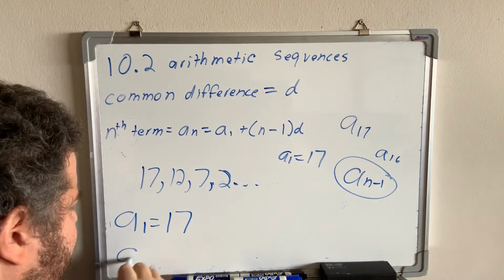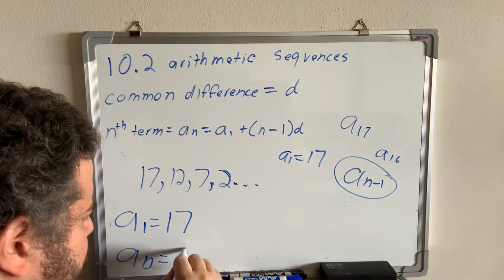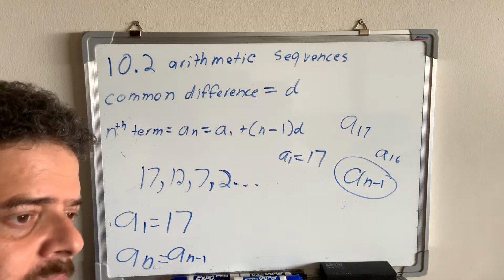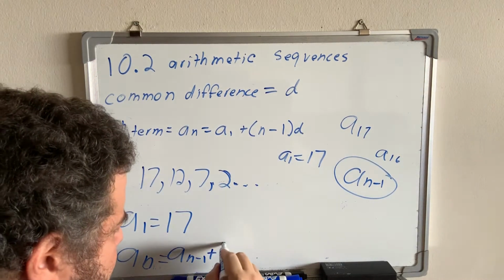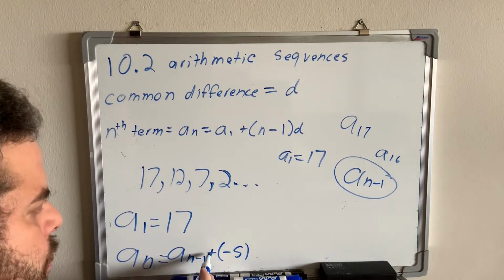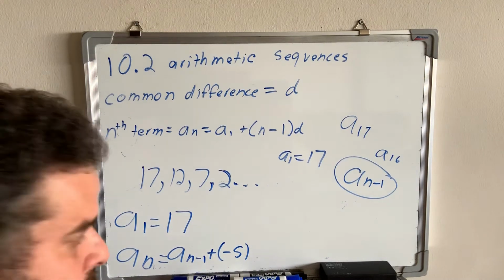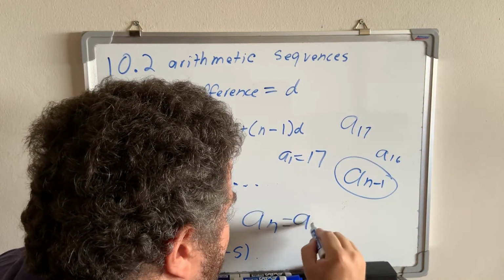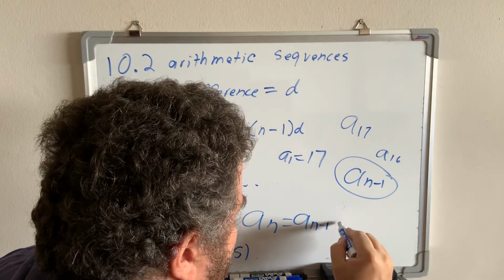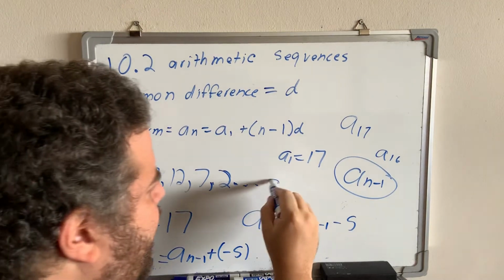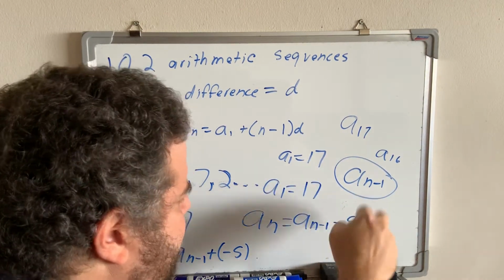And then you say an equals the previous term, and then you just add the common difference, which in this case is negative 5. If you multiply positive and negative, it becomes negative. So pretty much the recursive formula is a(n-1) minus 5. And I do know that a1 equals 17.